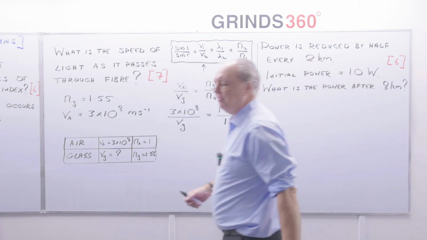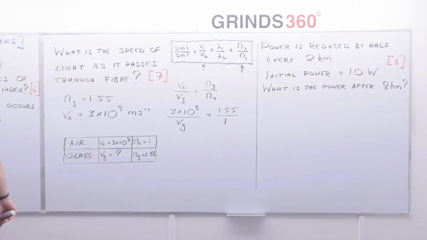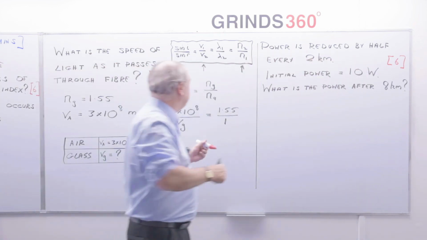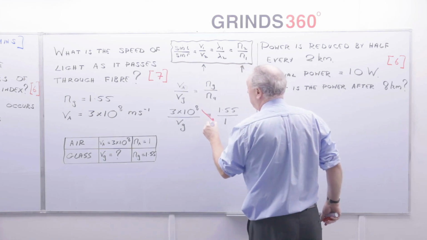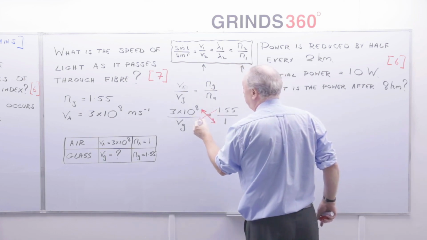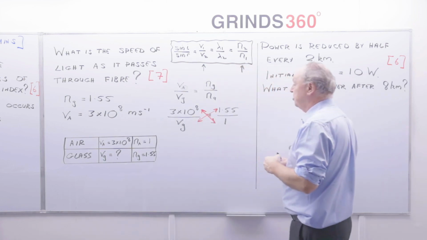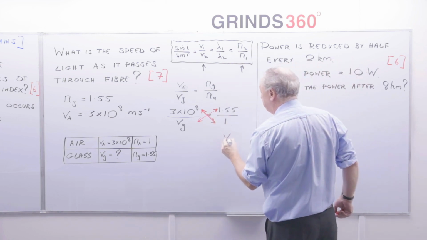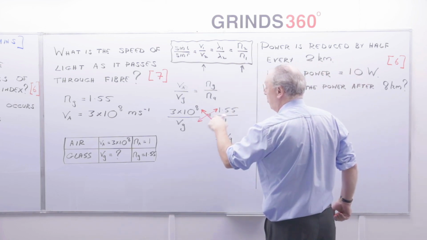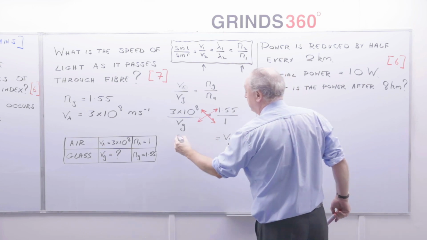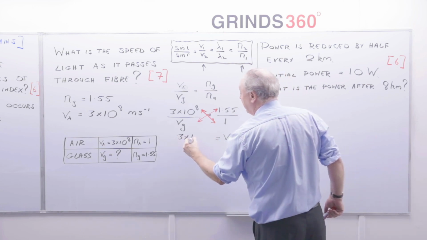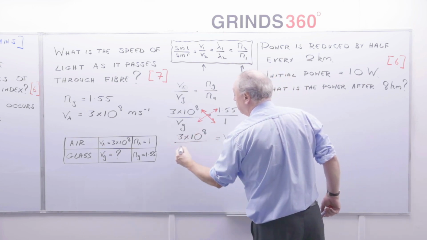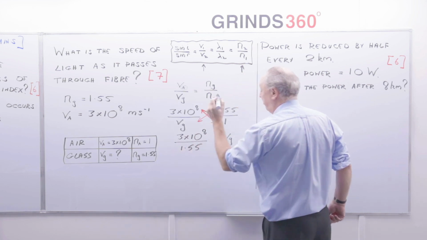So do a bit of cross multiplication. In your head, you have these arrows. And you slide the numbers along the arrows. So I want VG on its own above the line, so slide the VG up. Slide the 1.55 down below the 3 by 10 to the power of 8. The 1 doesn't matter.